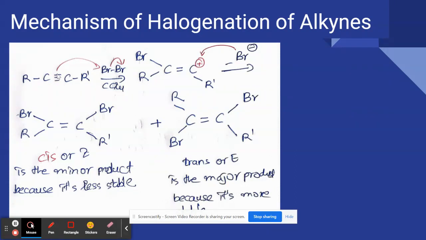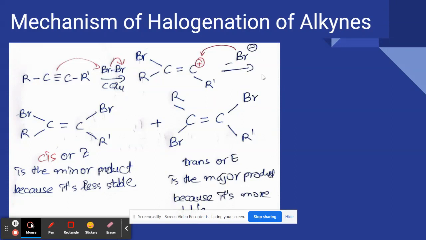First, the triple bond will attack one bromine and expel another bromine. Then the bromide ion is going to attack the compound as a nucleophile, and then we get the product.